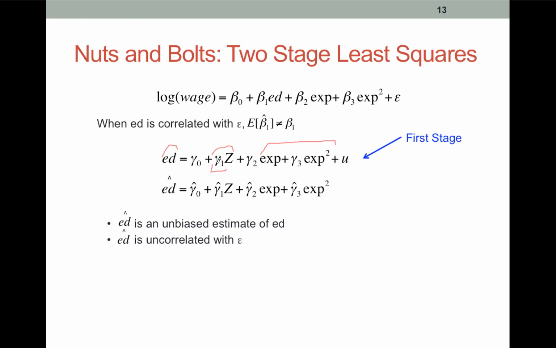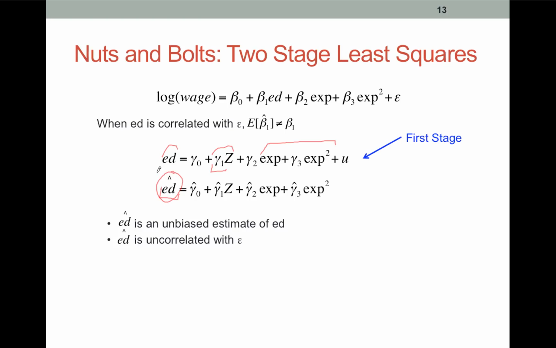Say distance to nearest school partially determines education. Okay, so we estimate this. Then we use our estimated coefficients, in this case our gamma hats, to predict out education for every individual in our sample.